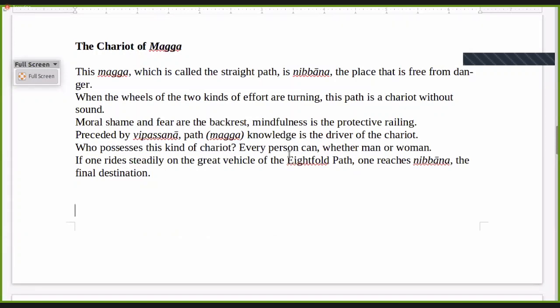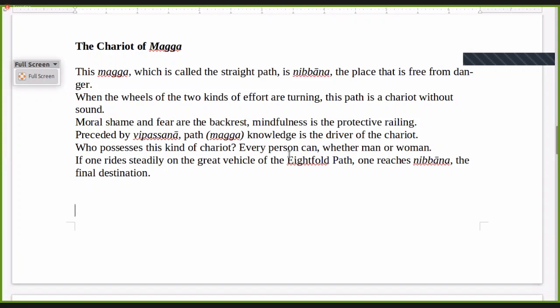Your Magga chariot has two wheels, Kayika Viriya and Cetasika Viriya, the wheels of two kinds of effort. During the practice of meditation, one month or two months, you are putting in effort continuously.